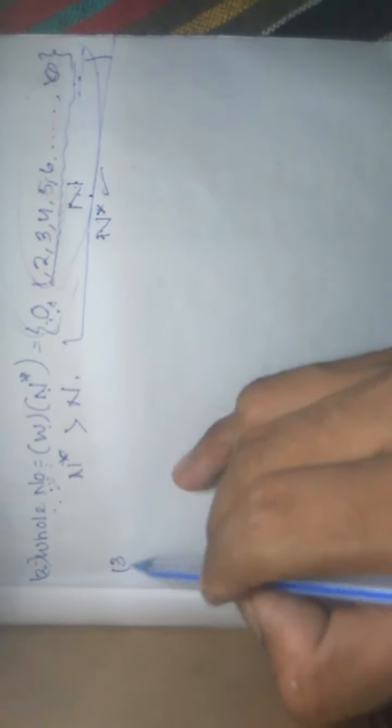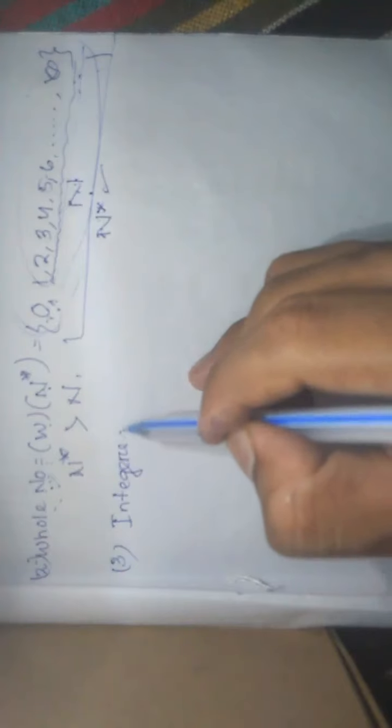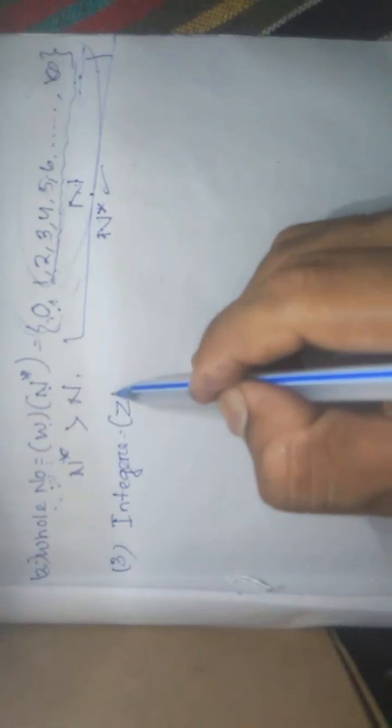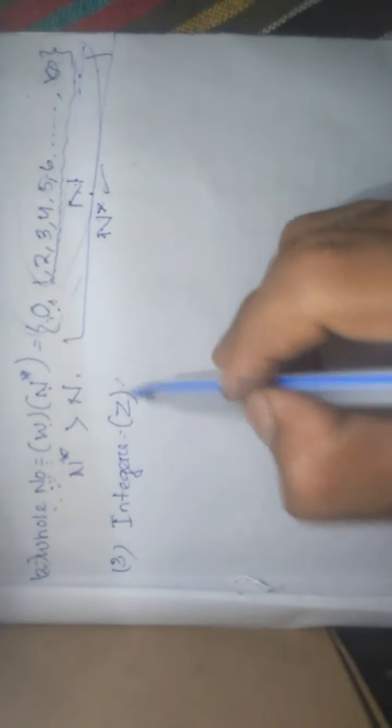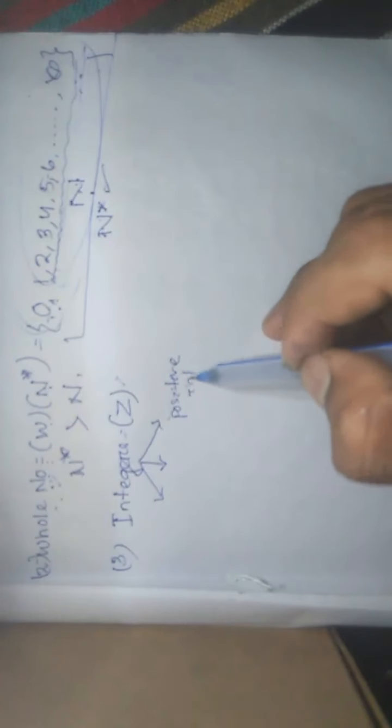Now coming to the third type of set, that is known as integers. Okay, and it is abbreviated as the set Z. Always remember, integers have three parts. The first part is known as positive integers. The last part is known as negative integers.